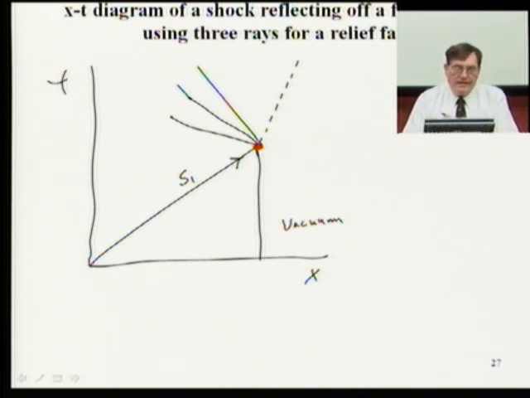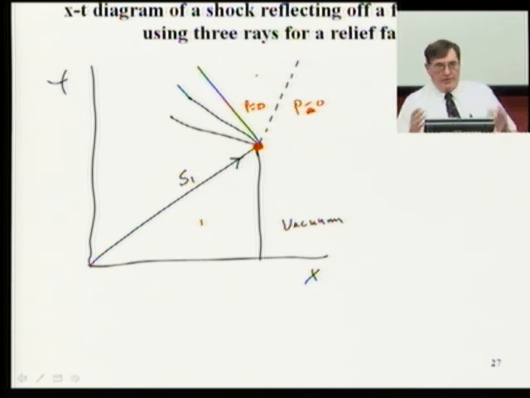Well, the only way that can happen is for the pressure in the solid sample or condensed matter sample to go to zero pressure here. This last field over here has to be zero pressure because outside in the vacuum it has to be zero pressure. So these two fields have to be equal because that's the boundary between them. Just like we drew a boundary between real condensed matter.